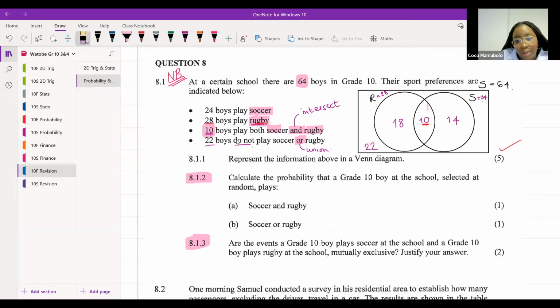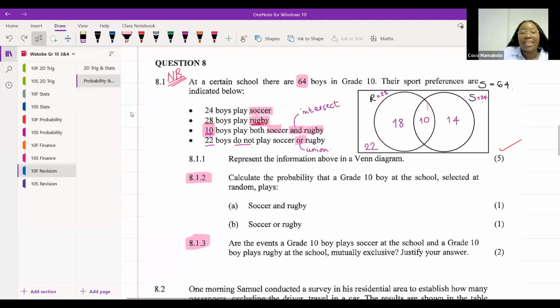So how many are left that we haven't counted? Am I making sense? 18. Okay, I get it, ma'am. Correct. Got it. Same with soccer. We're going to have the same problem with soccer. If 10 of them have already been counted, how many of them are left that play soccer? 14. All right. 14. Yes, ma'am. Thank you. You're very welcome, my sweetie. Good. Keep those questions coming.